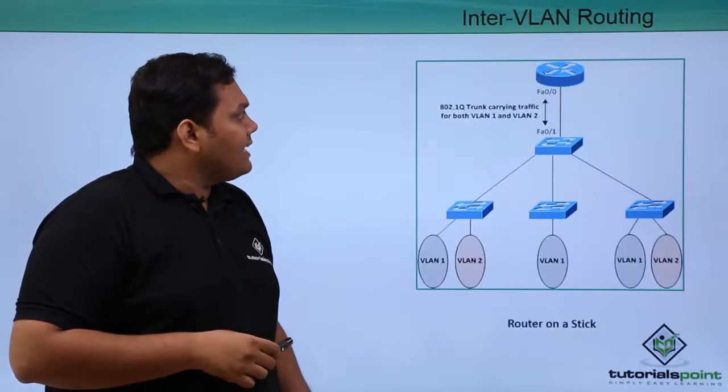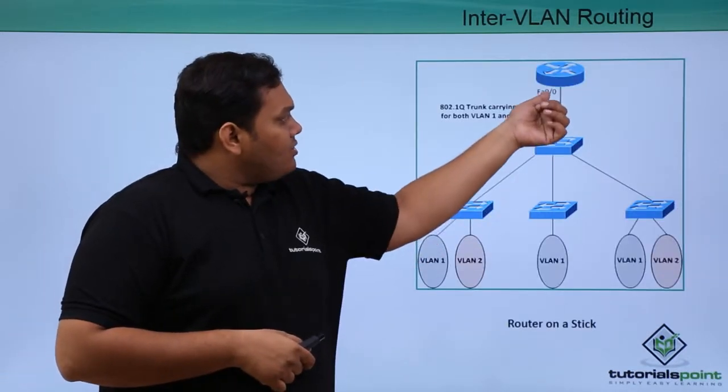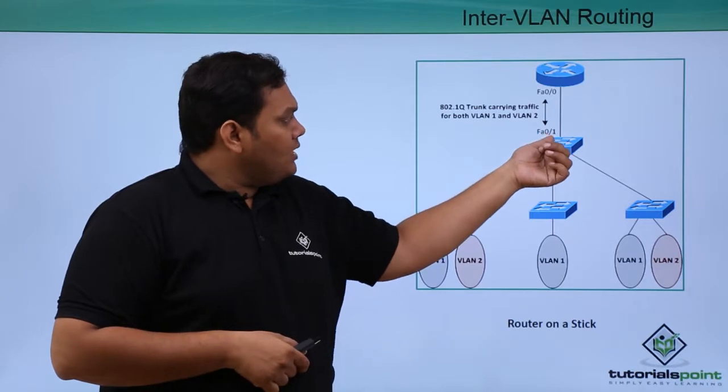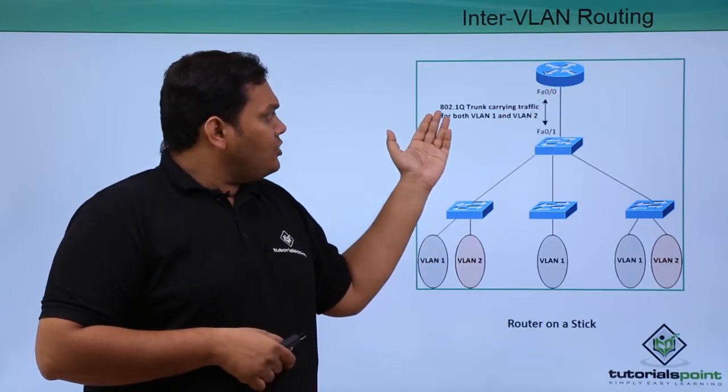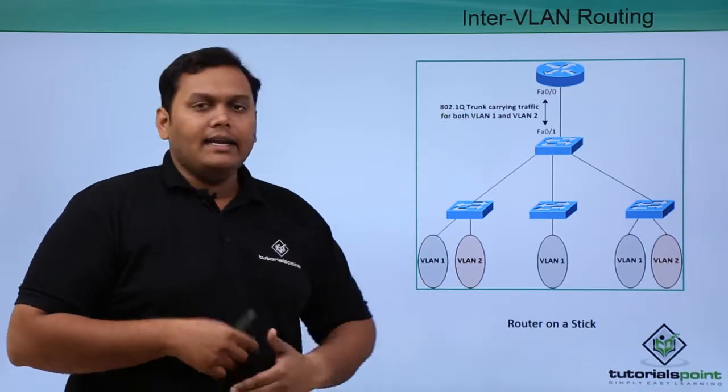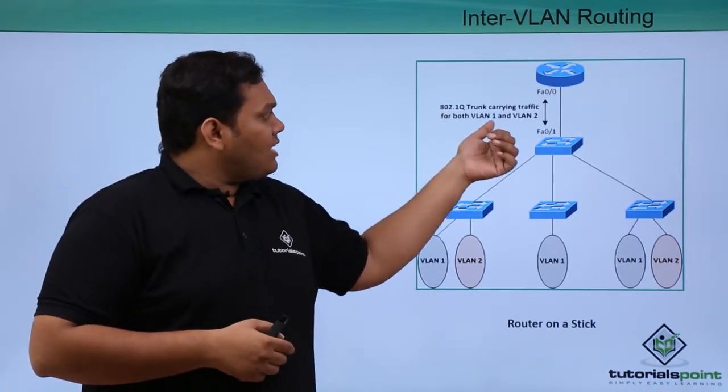We can see very clearly FA0/1 on the switch and FA0/0 on the router, with an 802.1Q trunk carrying traffic of both VLAN 1 and VLAN 2.